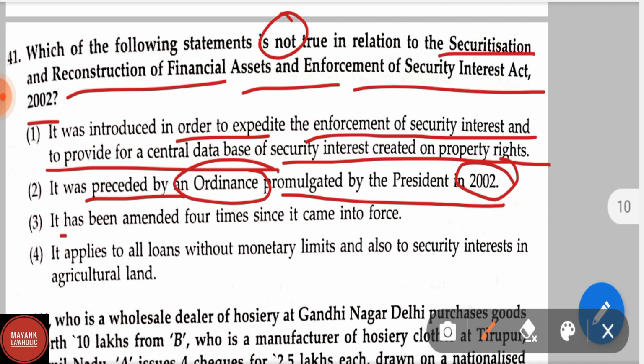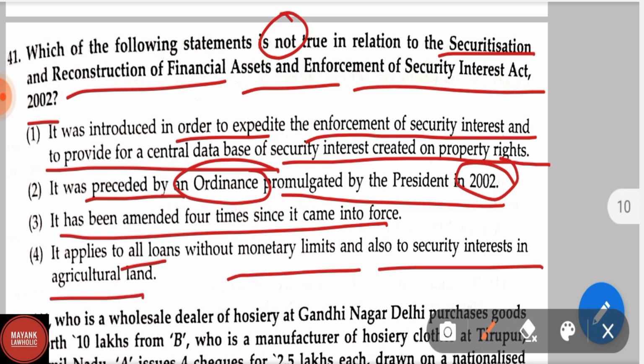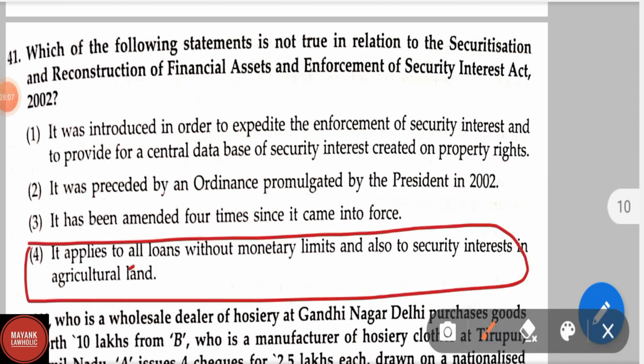And option 3, it had been amended 4 times since it came into force. And option 4, it applies to all loans without monetary limits and also to security interest on agricultural land. Correct answer is option 4. It applies to all loans without monetary limits and also to security interest in agricultural land. This is the correct answer.